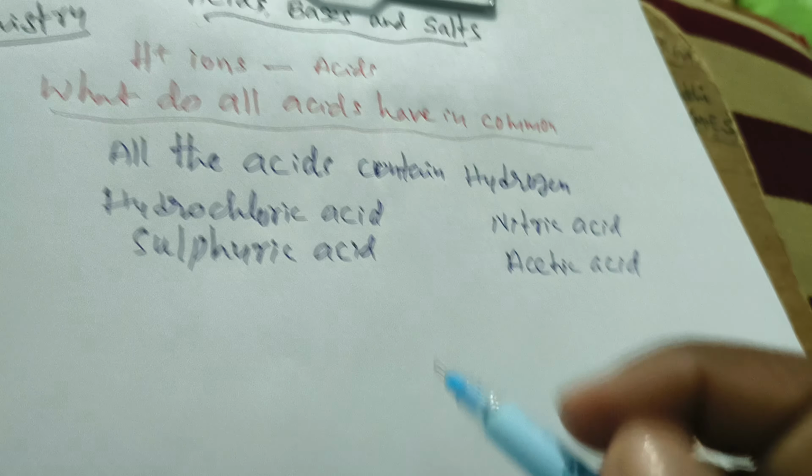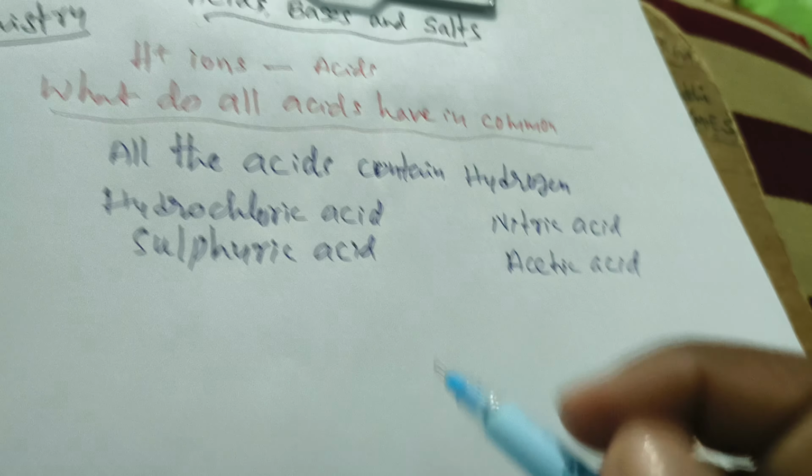Similarly, HNO3, nitric acid, also dissociates into H plus and NO3 minus. So from all these examples, all the acids contain one common thing, that is the H plus ion. Here H plus ion, here H plus ion, and here also H plus ion.